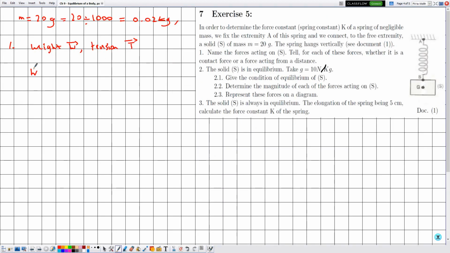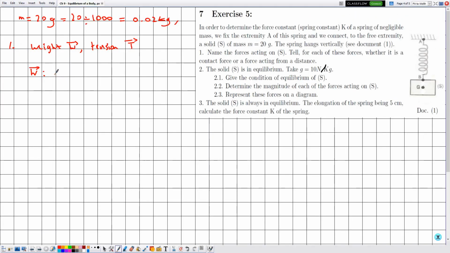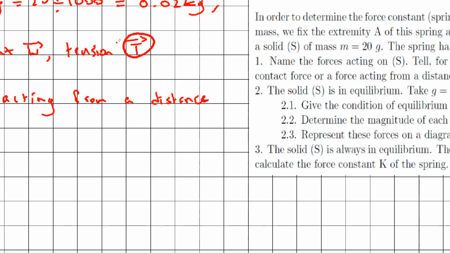We know that the only three forces acting from a distance are the weight, the electric, and the magnetic, so this is acting from a distance. And all other forces are classified as contact forces, and in particular the tension T.